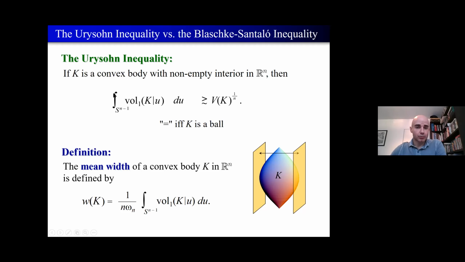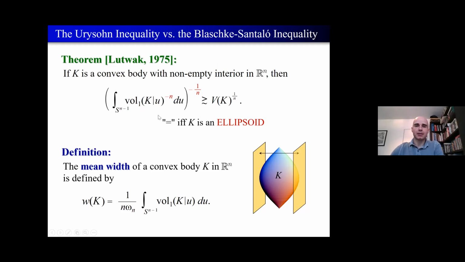And I think it was first noted by Erwin Lutwak in the 70s that Urysohn's inequality can be improved by replacing this L1 mean that we have here in the definition of the mean width by an L minus n mean.